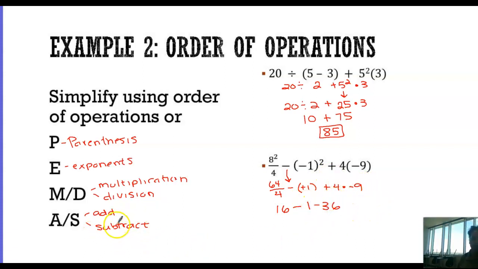And then again, last step, addition and subtraction. Let's just go left to right. 16 minus 1 is 15. 15 minus 36 is negative 21. So my final answer there would be negative 21.